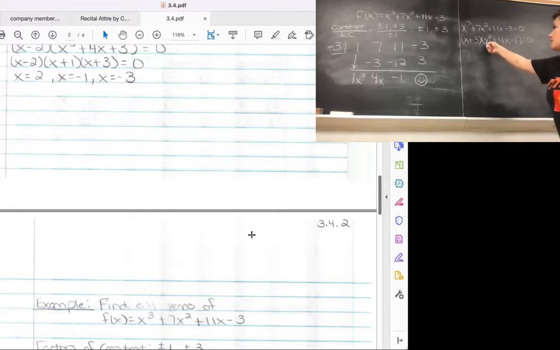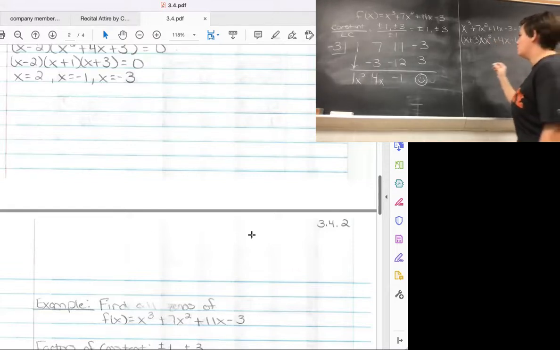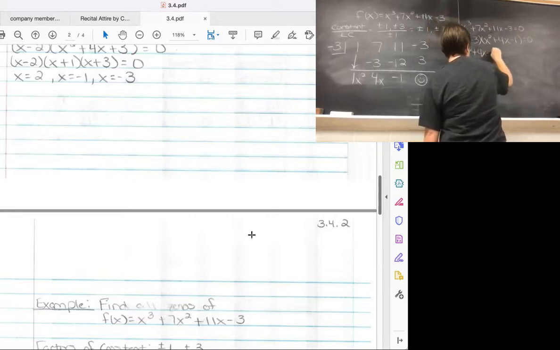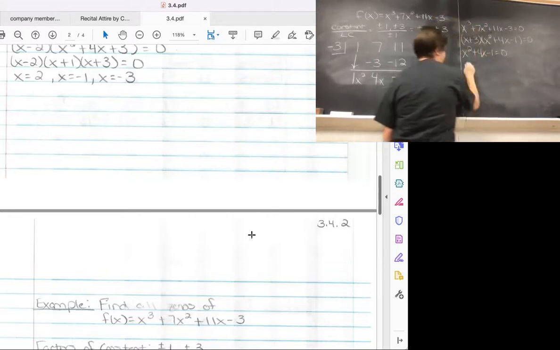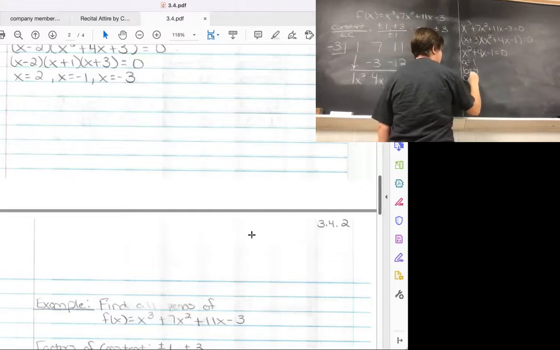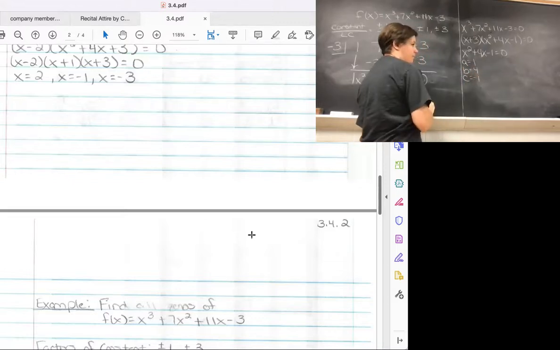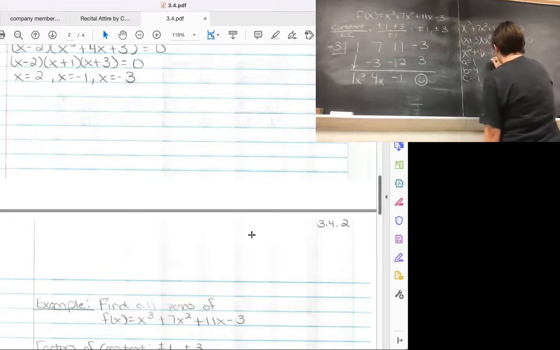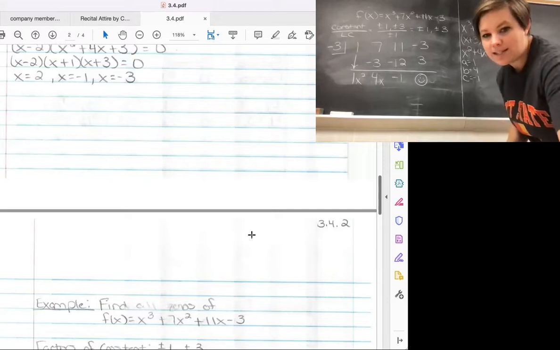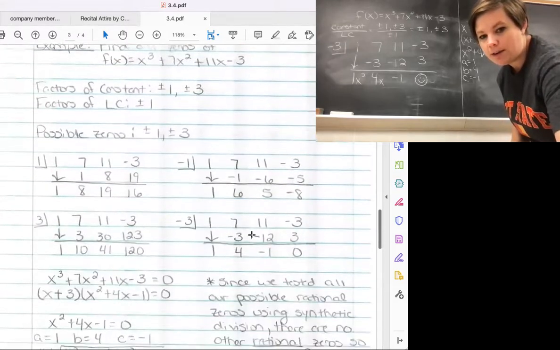So we need to solve this x squared plus 4x minus 1 equals 0 using the quadratic formula. Our a in this case is 1, our b is 4, and our c is negative 1. Remember, your quadratic formula is x equals negative b plus or minus square root of b squared minus 4ac all over 2a.